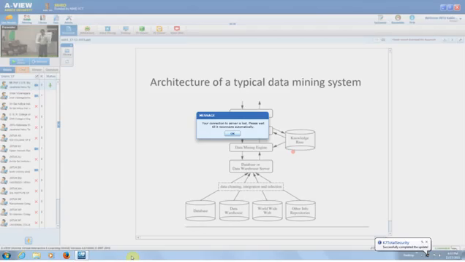That's why in pattern evaluation you have a bidirectional flow. Some pattern will be evaluated and sent to the knowledge base. If the knowledge base says that this is a useful pattern, then it will be kept inside. If the knowledge base says that it is a useless pattern, it will be removed.